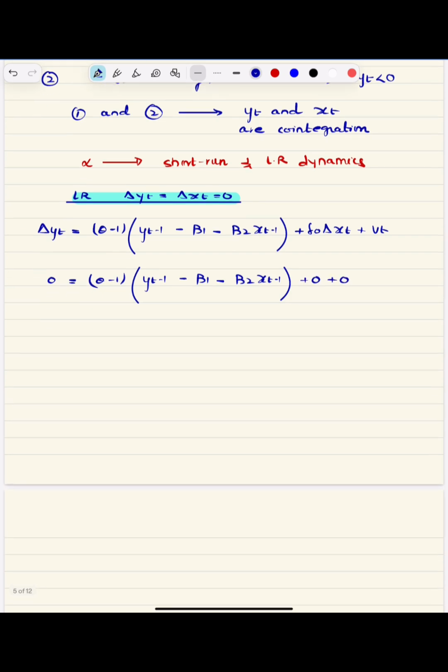You're going to simply be left with the expression yt minus 1 is equal to beta 1 plus beta 2 xt minus 1, and we know that's the same as yt is equal to beta 1 plus beta 2 xt because there's no change in yt and xt. So again, this gives you the long run equilibrium relationship between these two variables.